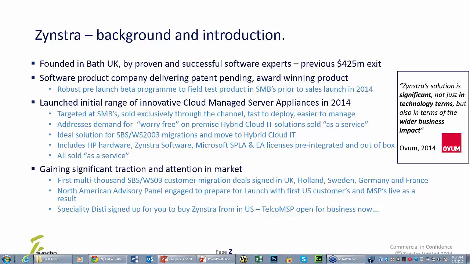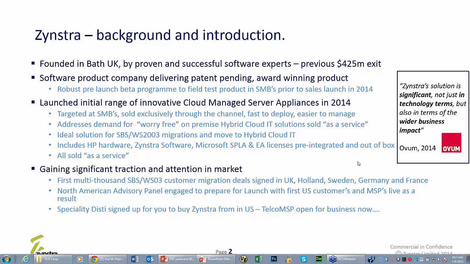We did a bit of a pre-launch at SMB Nation, but the formal launch is next week, and you can currently buy the Zynstra product through Telco MSP, who will explain a bit more about themselves later on, and their uniqueness and why we chose them initially.